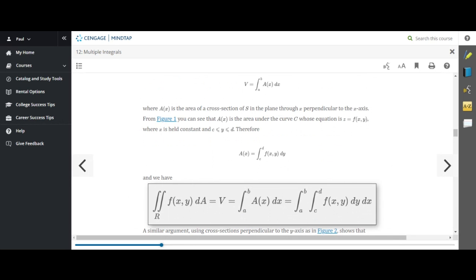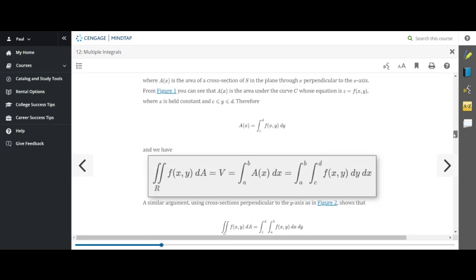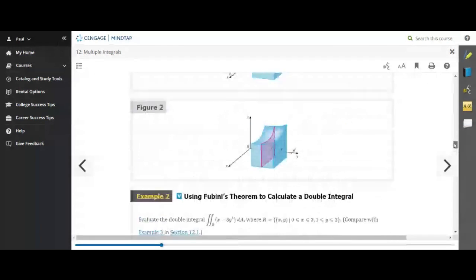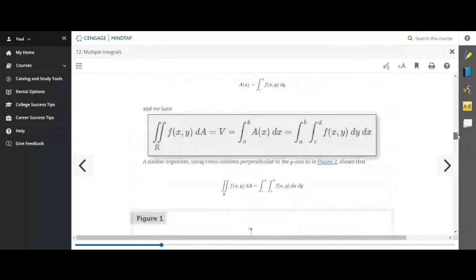And it turns out that since we have constant limits, A, B, C, and D, we can actually switch the order of integration. You might need to take a look at this a little bit, but I feel it gives you an intuitive feel on how to compute a double integral.